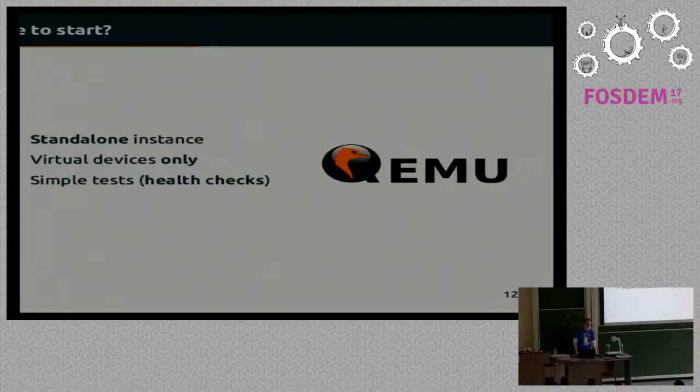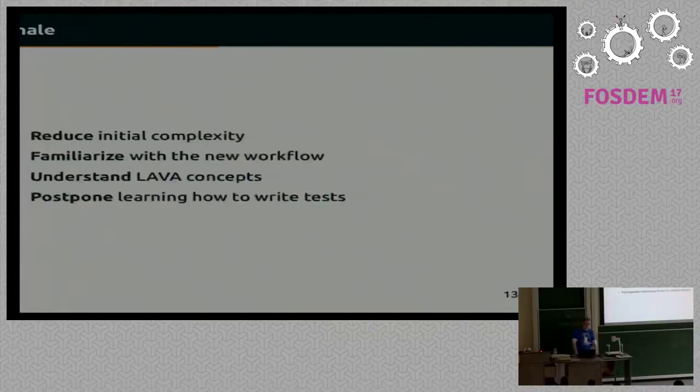We'll also focus just on virtual devices, and the tests that should be run at the beginning should be as simple as possible, just health checks if nothing else comes to you during the setup. Why is that? Mainly to reduce the complexity of the whole process.